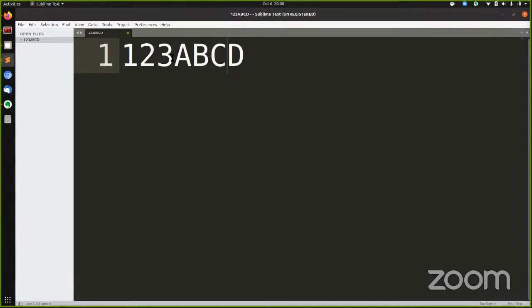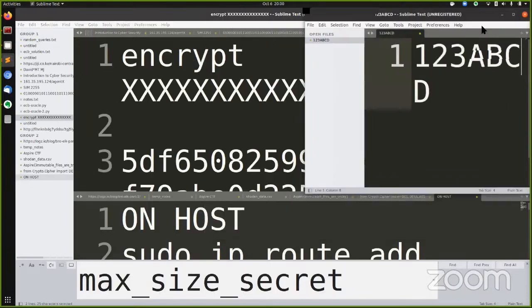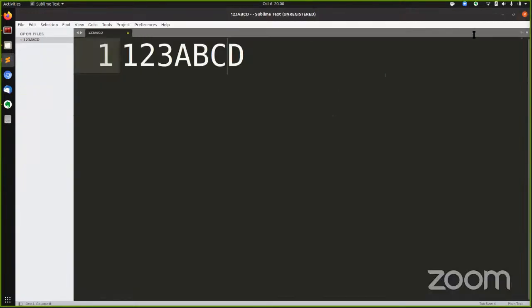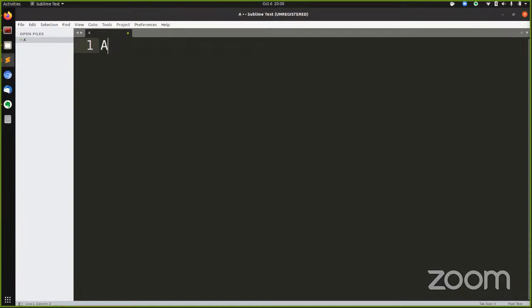if the block length is 16, which is the most common, I think I've expanded this too much. Let me reduce it. So we know this is our flag. We don't know it yet.